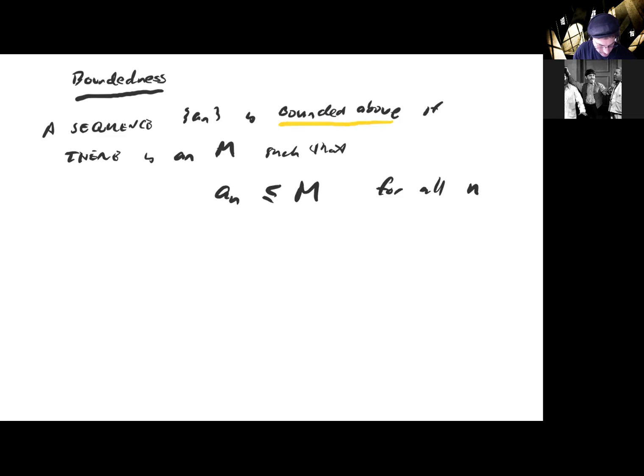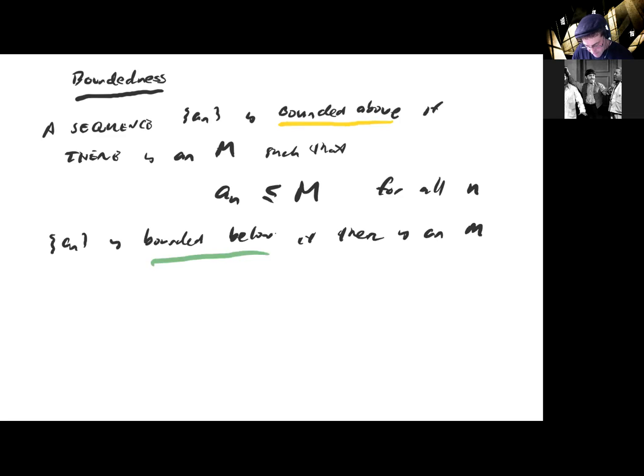There's also similarly a bounded below. So a sub n is bounded below if there's a number, say lowercase m, such that m is always less than or equal to a sub n. Okay, so then here's the crucial part.